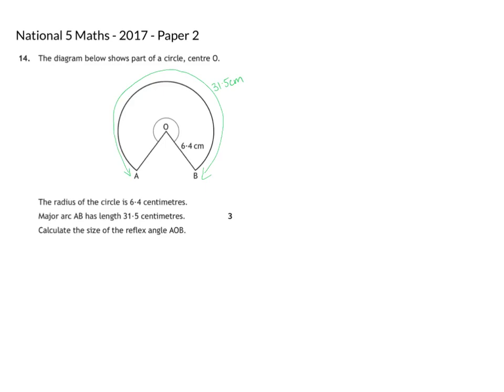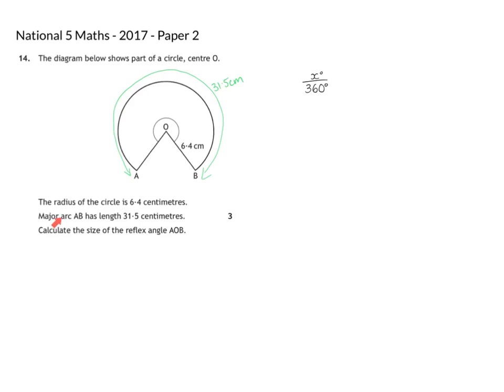So when we're doing arcs and sectors, we know that our angle divided by 360, the reason why this is the case is because our angle is part of the circle and our 360 is the whole of the circle. And the other thing we know is the major arc, so that's part of our circle, and because it's an arc, it's the distance around the edge.